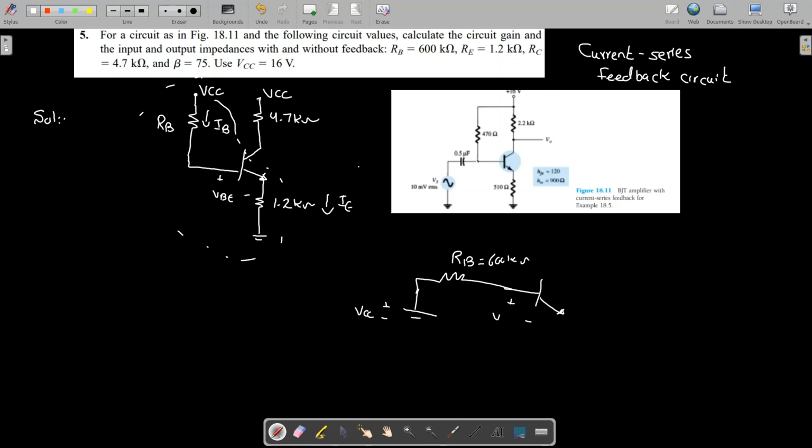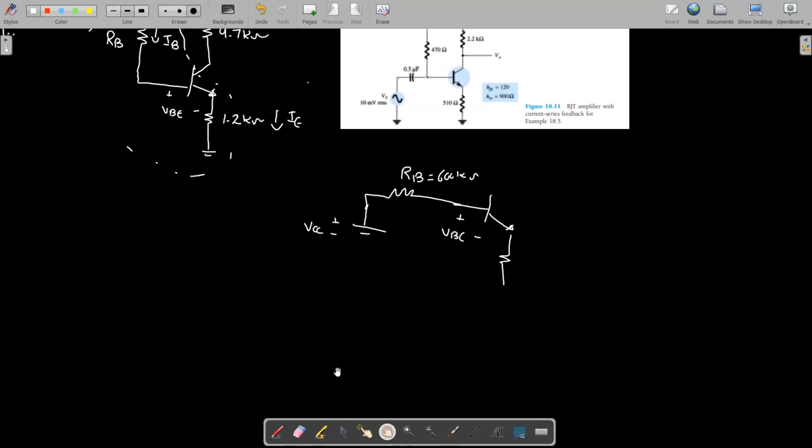This is your VBE. And then we have a resistor RE, and this RE is 1.2 kilo ohm, and we have current IE flowing over here. And this is connected to ground. This is also connected to ground. So I can connect these two together to the ground. I can say that some current is flowing over here.